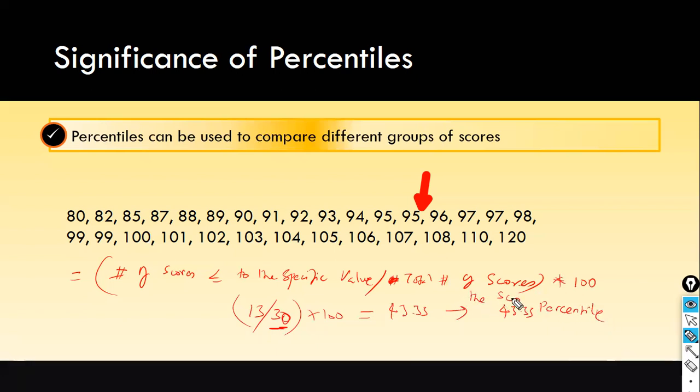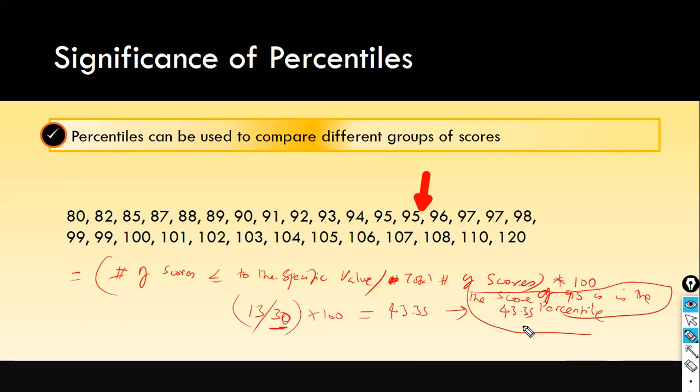The score of 95 is in the 43.3 percentile. Okay, this is the percentile. What does it say here? How do we interpret this one?